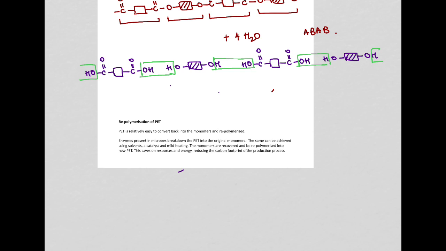This can be achieved by using microbes. So certain microbes can break down PET into its original monomers, or you can use solvents, a catalyst, and mild heating. This will save resources and energy and reduce the carbon footprint of the production process.